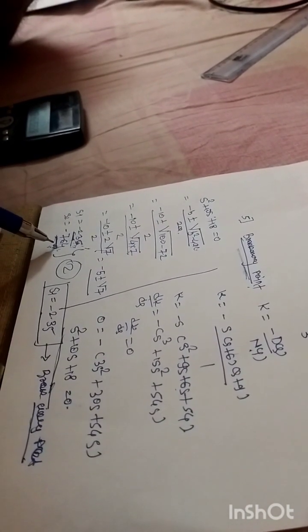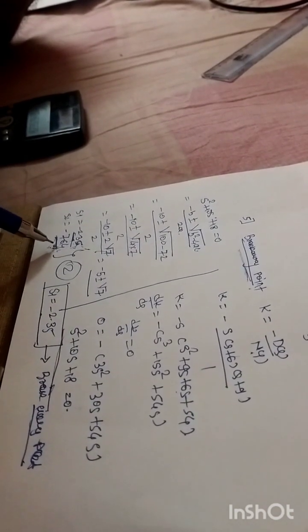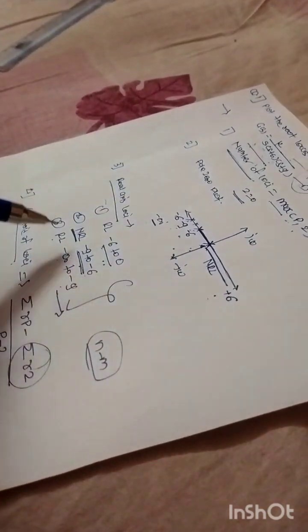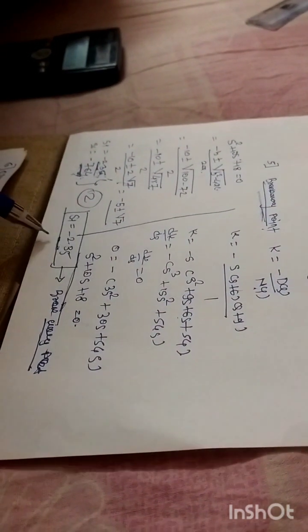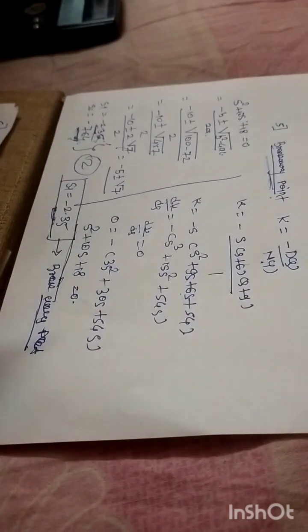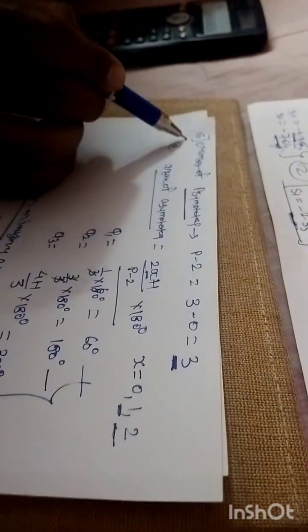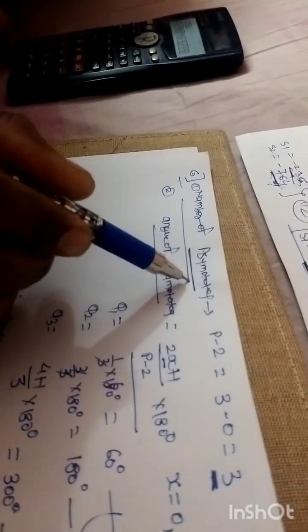This -7.64 will lie between -9 to -6, where we don't have root locus. That's why the valid root is -2.35. So the breakaway point can be called -2.35 here.